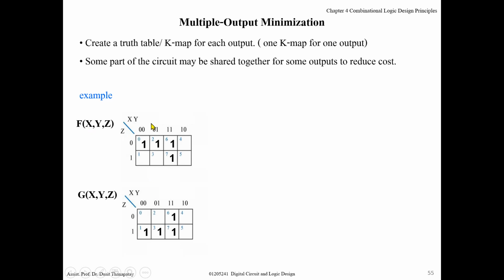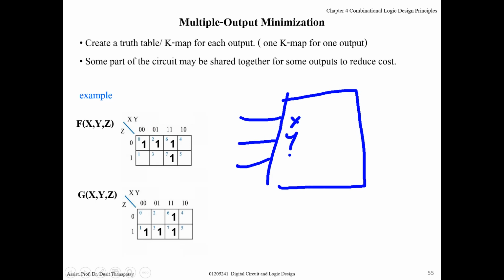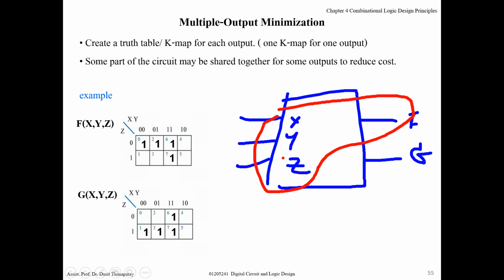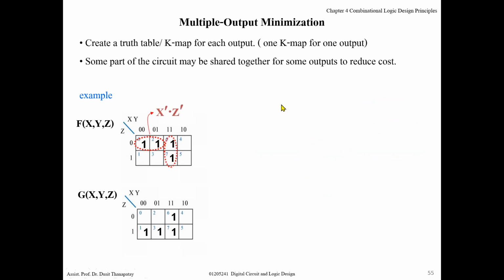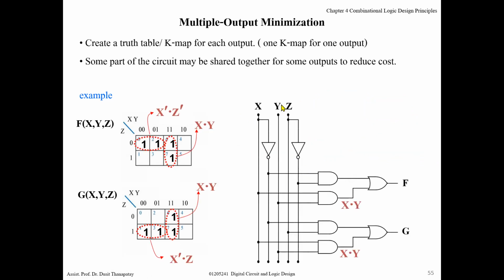For example, if your circuit has inputs X, Y, Z, right, 3 inputs and 2 outputs F and G. You can find the equation for each output related to the inputs, this one and then this one. You can consider each output separately. After that, you can implement the circuit following each one.